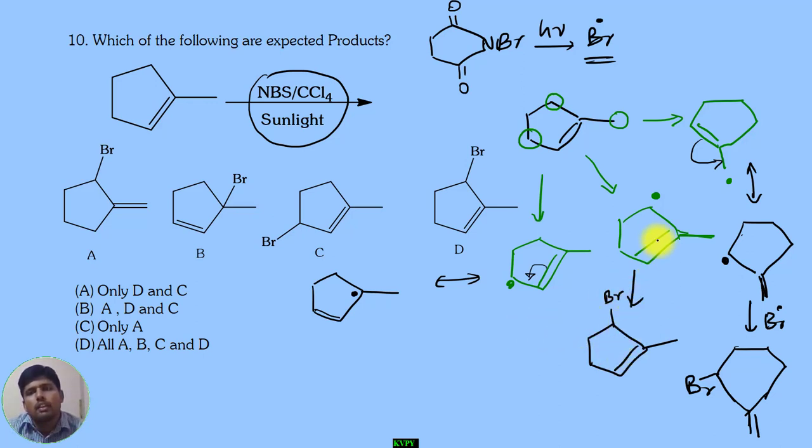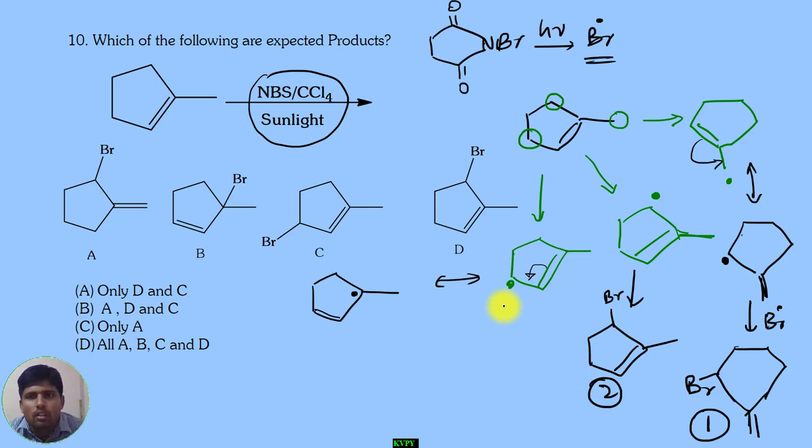Even if the double bond shifts here and Br comes here, the IUPAC name will remain the same for this. That's why I am not writing a resonance structure here. However, here you get two possible products. So this is the first product which I have written.